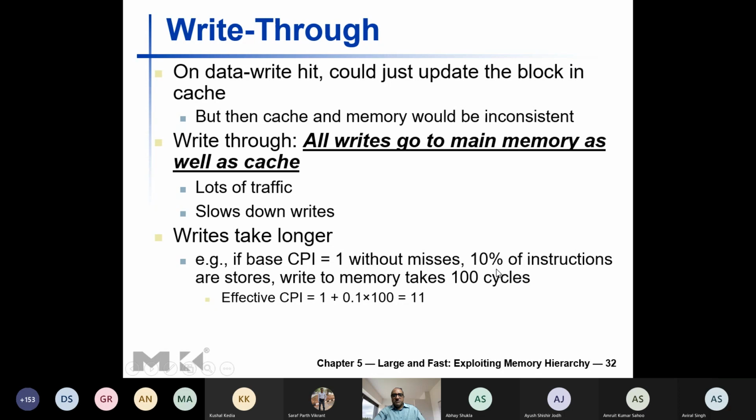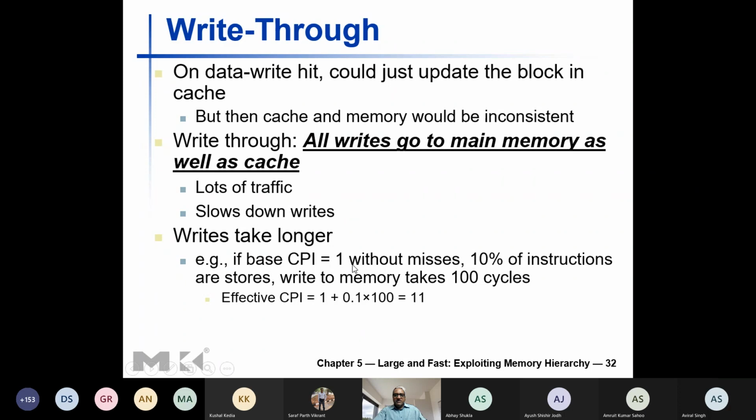If you have 10% misses, then your CPI will increase drastically. This is just an example to illustrate how misses or writes impact the overall CPI. Otherwise, in the normal case, your instruction will be executed every cycle. We are putting instructions in the pipeline and each instruction passes through the pipeline, so for every cycle a new instruction enters the pipeline and passes through all the stages.